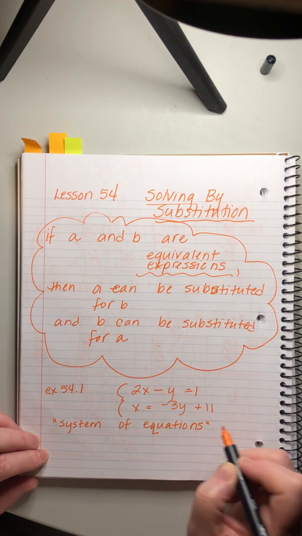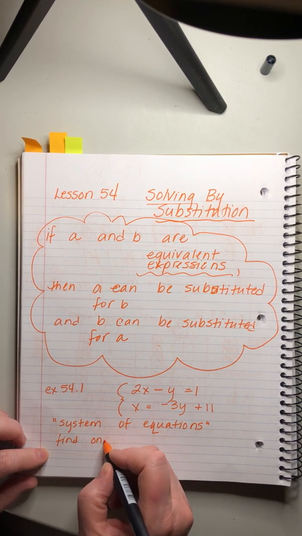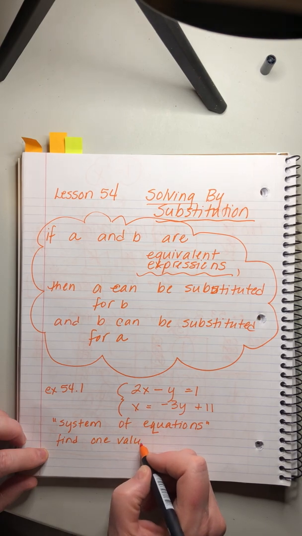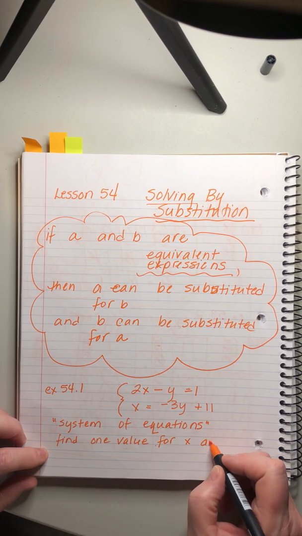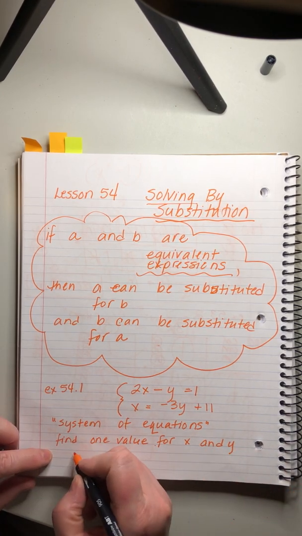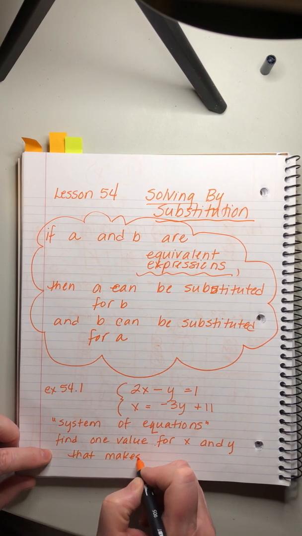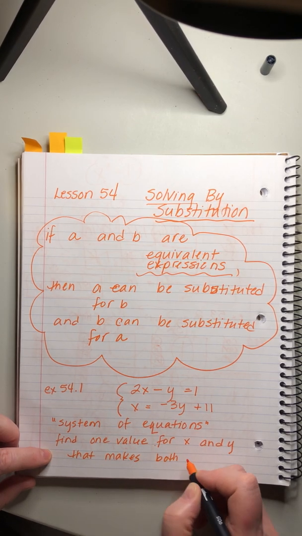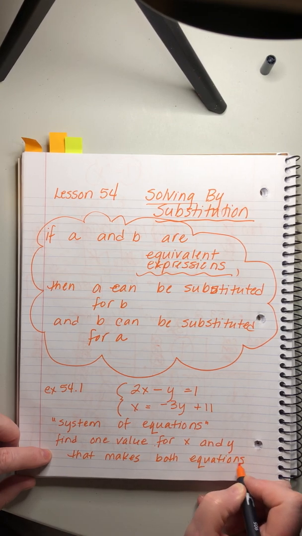And what that means is we want to find one value for x and y, one value for each of them, that makes both equations true.